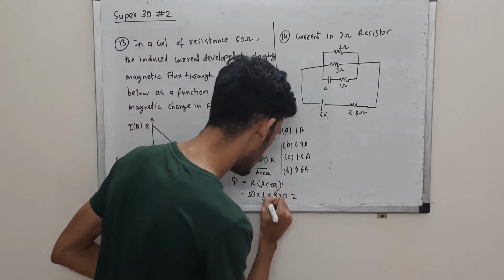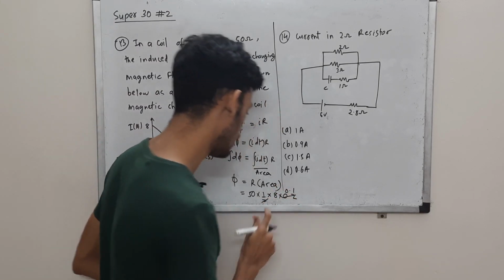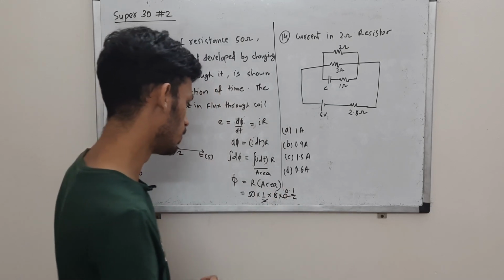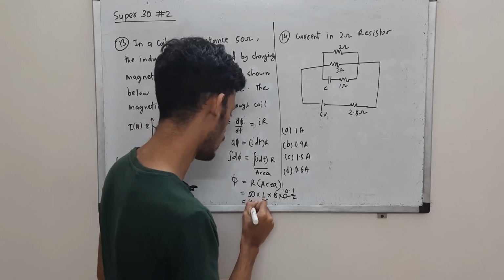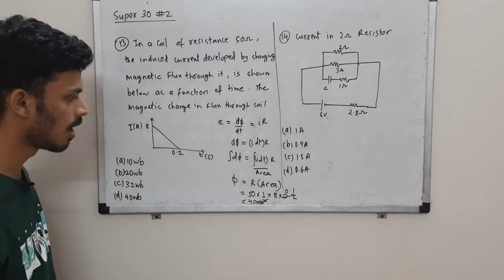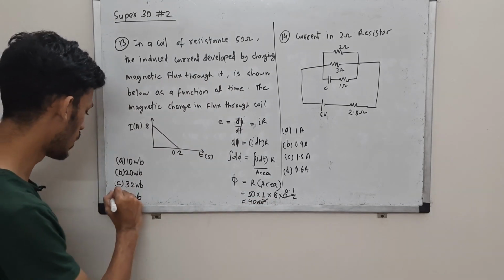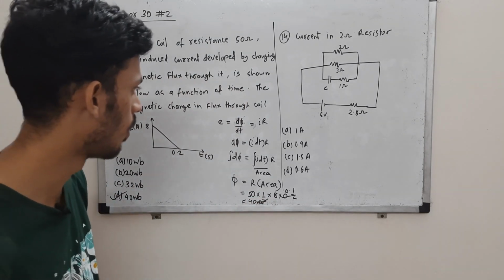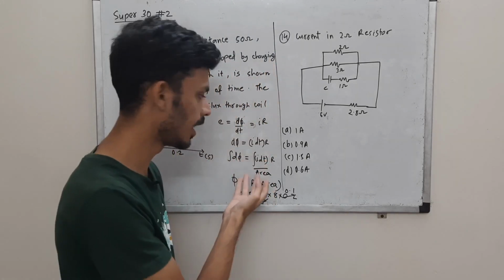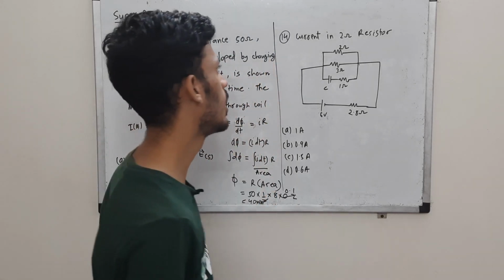So 0.1 and 10 with that, 5 into 8 is 40 Webers. Everything is in standard units. So 40 Webers is the correct choice. Quite straightforward, just know the logic that the integral is nothing but the area under the curve.